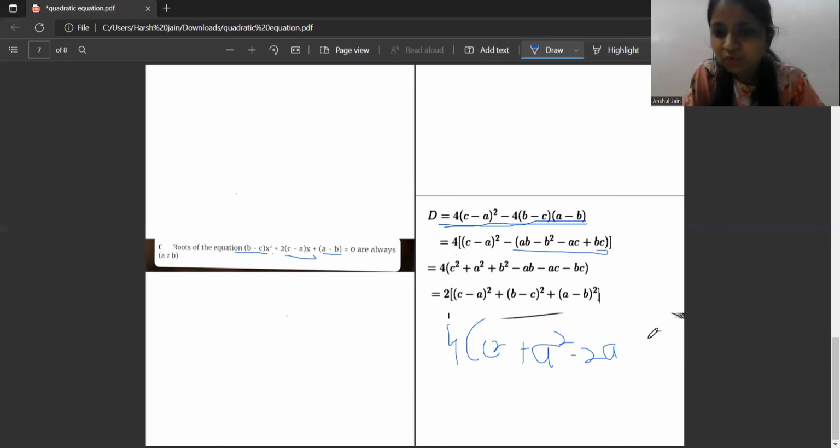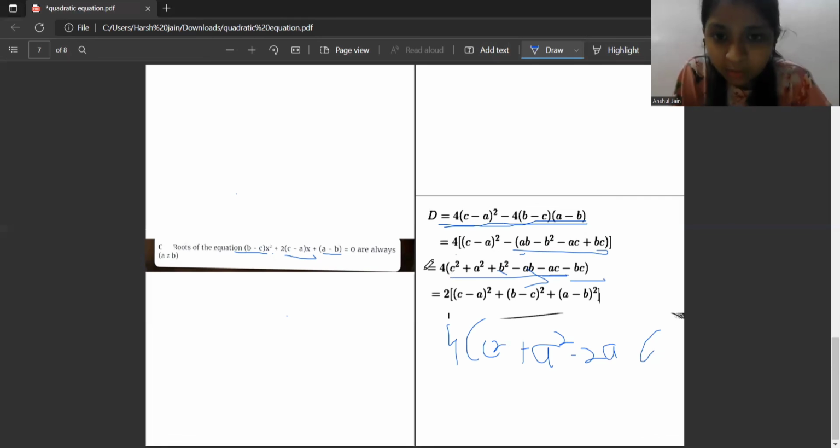Now from the minus ab as it is here, so minus minus plus b square, here it is. So c square plus a square we have here, minus 2ac plus ac, what we get, minus ac, right? We have written here, minus bc plus bc. So we are getting all the terms.